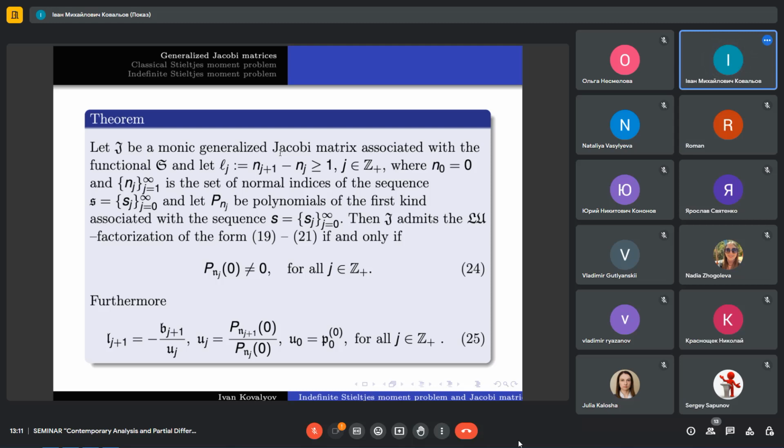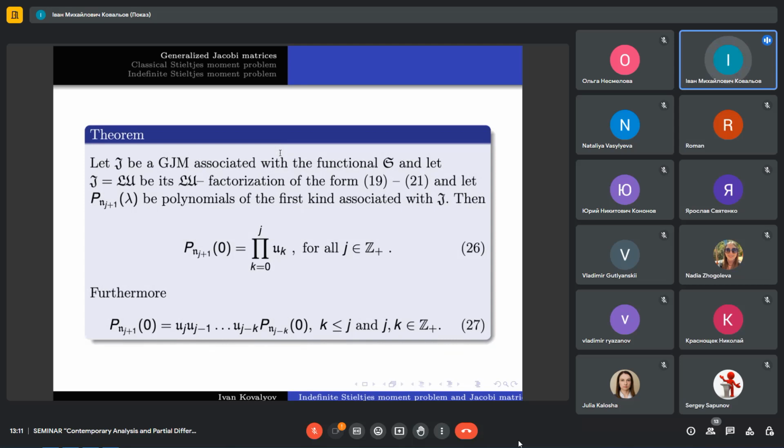And the next one, we can consider some properties of polynomials of the first kind. So if matrix J admits LU factorization, then P_{n_j+1} at 0 equals the following product of U_k, and we have factorization 27.